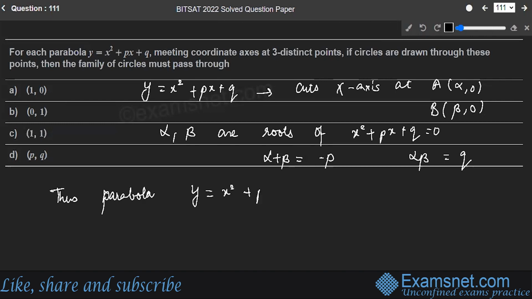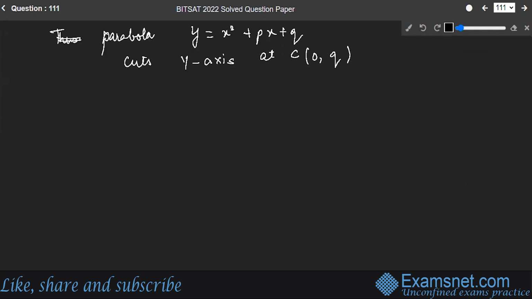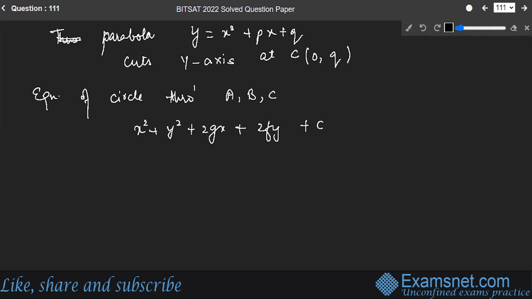Thus the parabola y is equal to x squared plus px plus q cuts the y-axis at 0, q. Now the equation of the circle through A, B, and C, these 3 points. So this was taken as A, B, and let's say this is C. The equation of the circle through ABC, the general equation, is x squared plus y squared plus 2gx plus 2fy plus c is equal to 0.